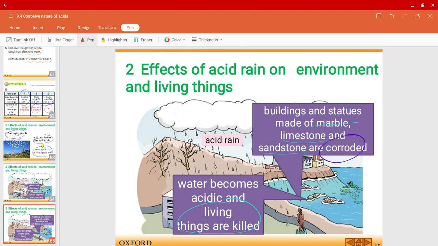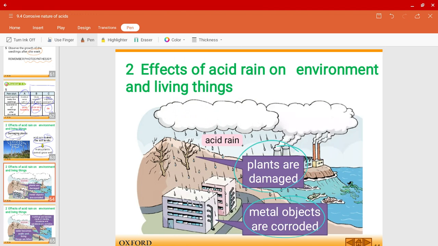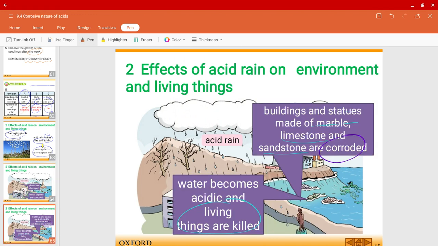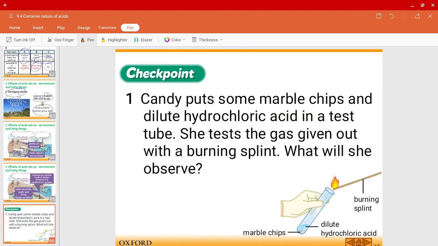So we can see that acid rain has a lot of problems and issues associated with it. Right, so that's basically a quick video on Unit 9.4, especially on the effects of acid rain and its causes. So let's now do some checkpoint questions to wrap up this whole unit.